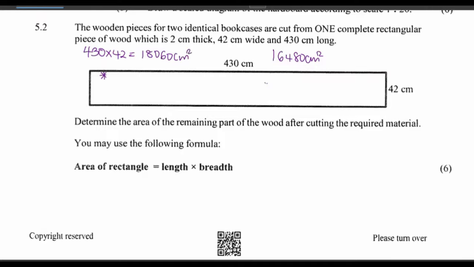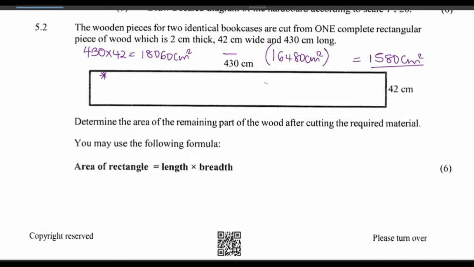We are looking for the leftover cutting required. So we subtract these two. This came from the area needed for those pieces of wood for both shelves. So when we subtract, we end up having 1,580 centimeters squared.